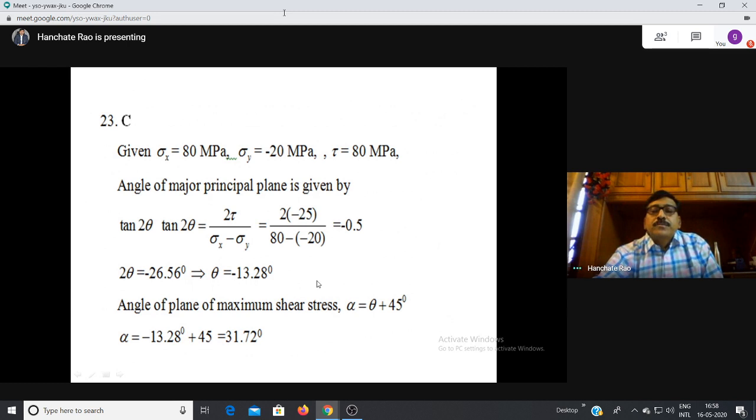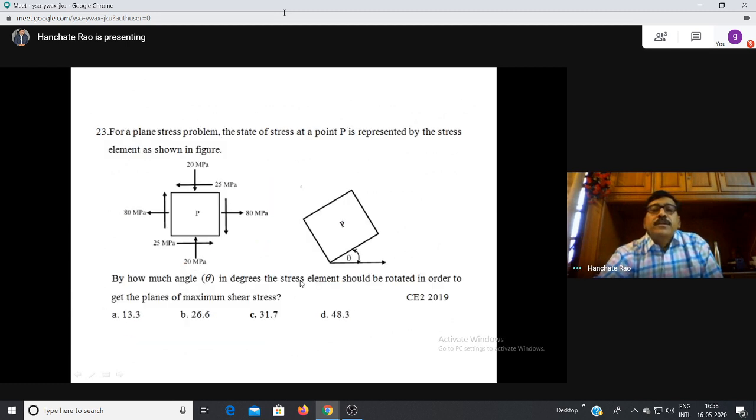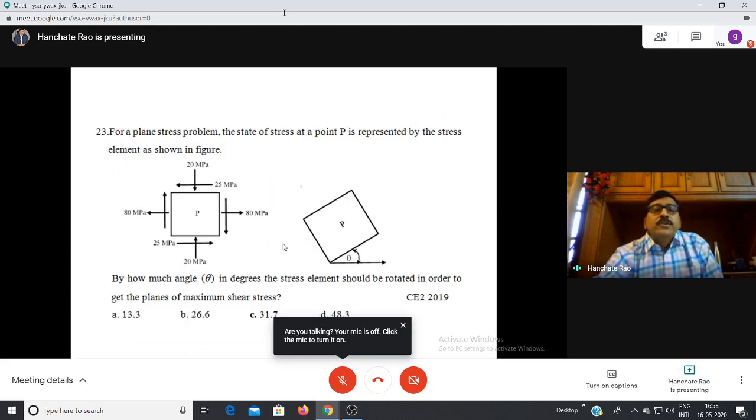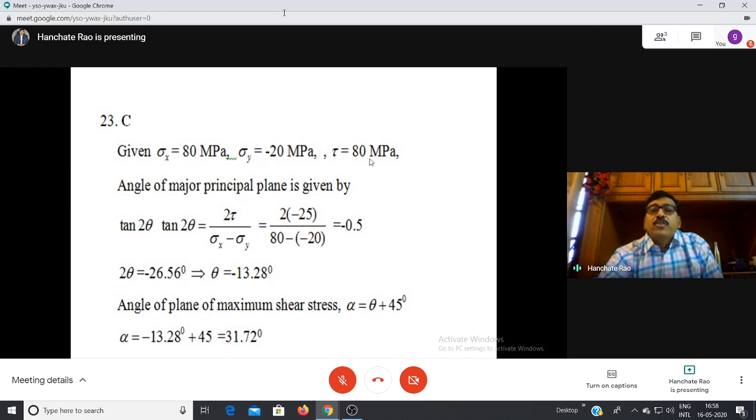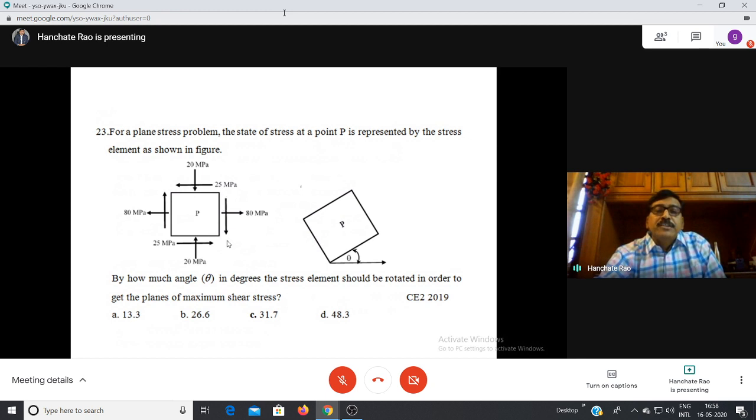What is the value of tau he has given? Tau is equal to 25 megapascals, not 80 megapascals. It is taken negative because on this plane the shear is acting downwards.